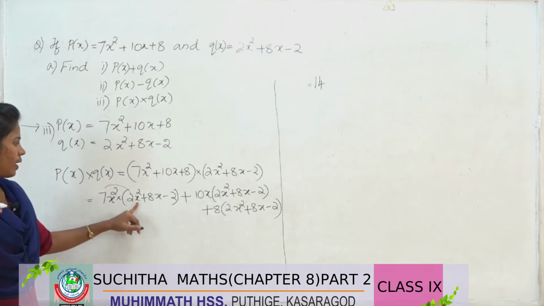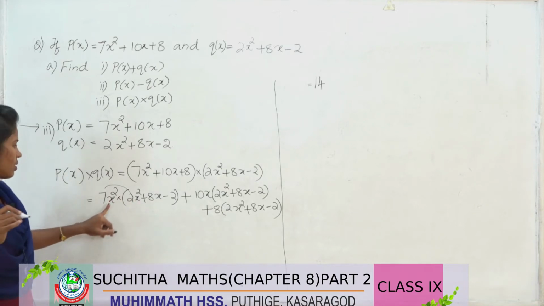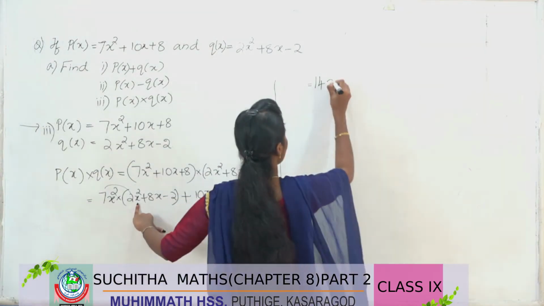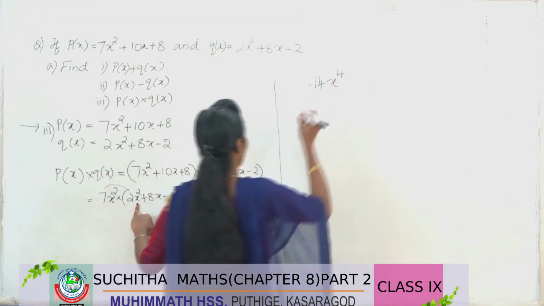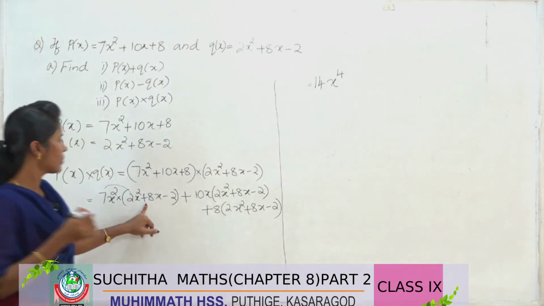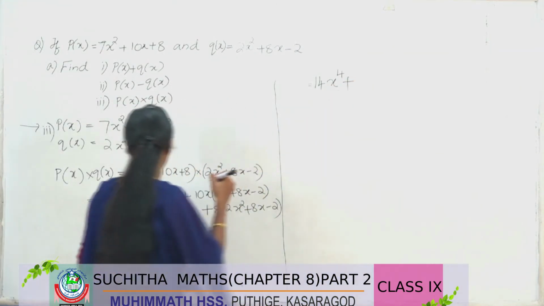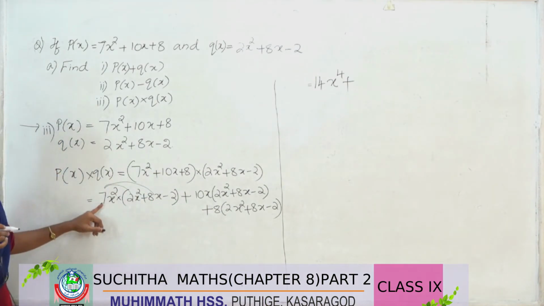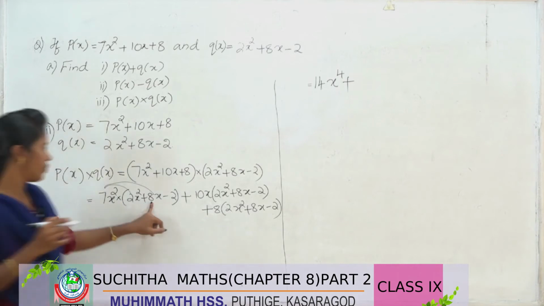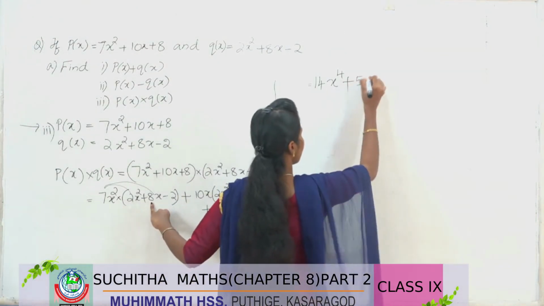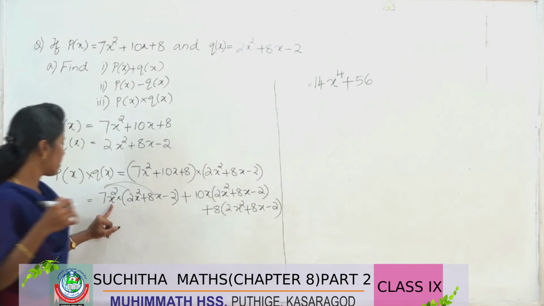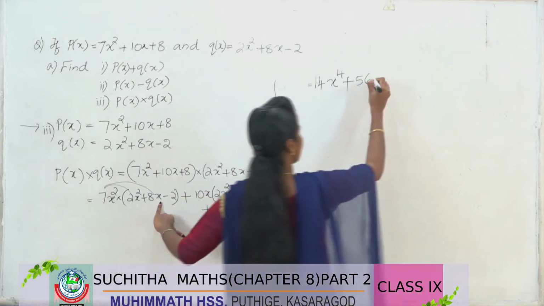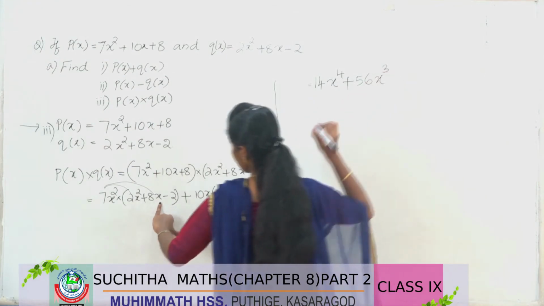X square into x square is x raised to 2 plus 2, that is x raised to 4. Plus 7x square into 8x. 7 into 8 is 56, 56 into x square into x, that is x raised to 3.